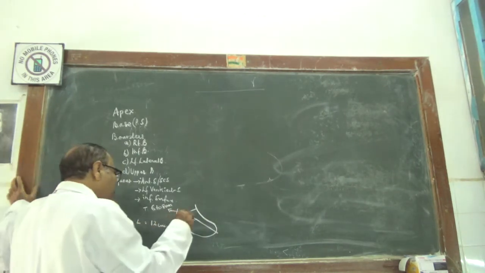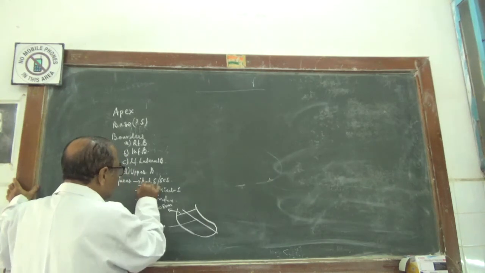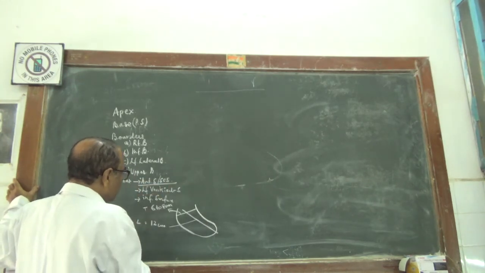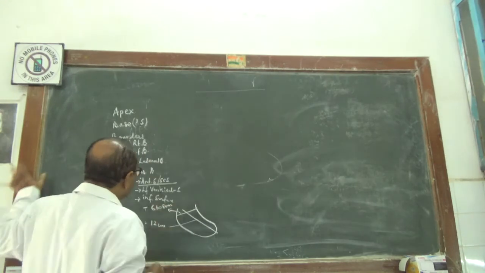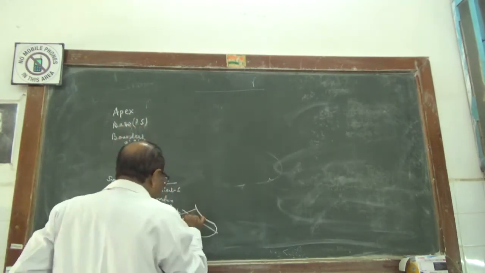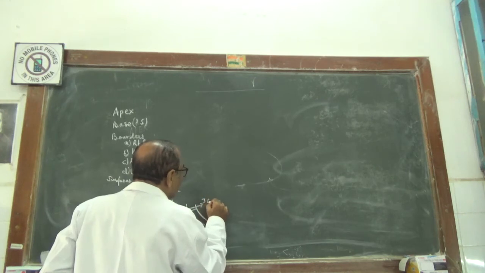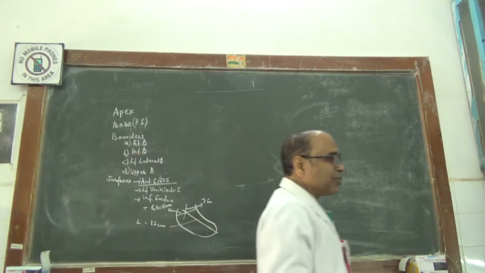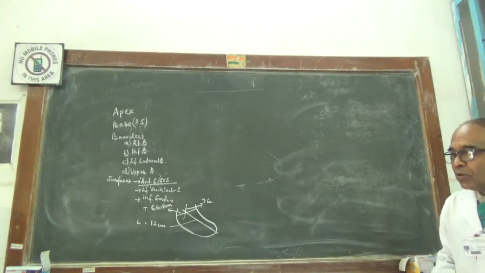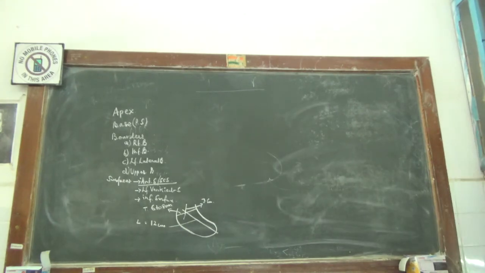Then from the anterior surface to the posterior surface of the base, that will be something like 3 centimeter. So these are the dimensions of the heart.